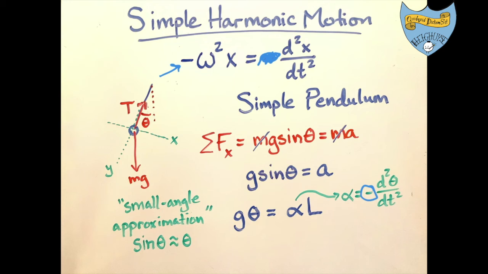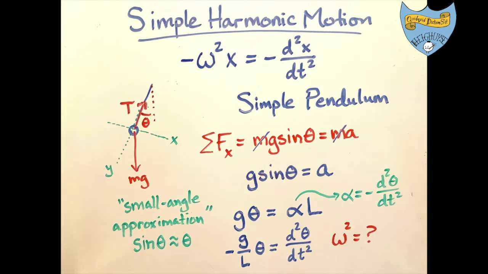Listen, the angular acceleration is always in the opposite direction from the angular displacement, right? Makes good sense. So there needs to be a negative one way or the other. If you can't think of why, just throw it in there. And boom, this is enough to prove simple harmonic motion.